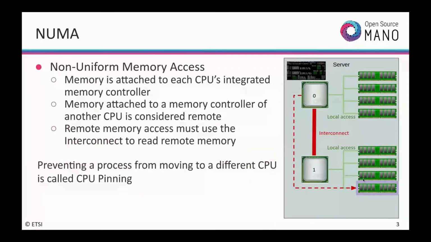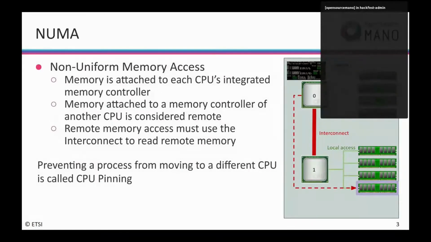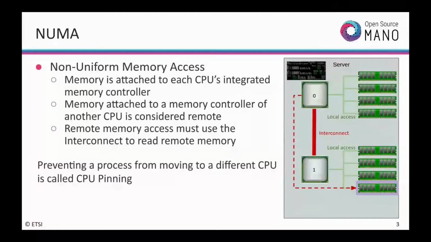To complicate things a little bit further, a lot of motherboard architectures have the PCI bus or peripheral bus that is also local to CPUs. So you have situations where, say, network cards 0 and 1 are physically closer to CPU 0, and network cards 2 and 3 are physically closer to CPU 1.